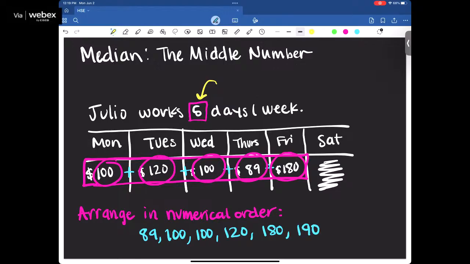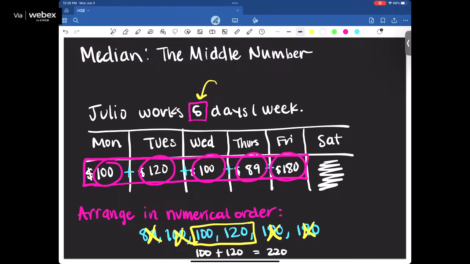Even number here. Let's get rid of the numbers one at a time. Now we have two numbers in the middle. If you get two numbers in the middle, what you need to do is add your first number and your second number. Find the average of the two numbers. So first, find the sum. That's going to be 220.